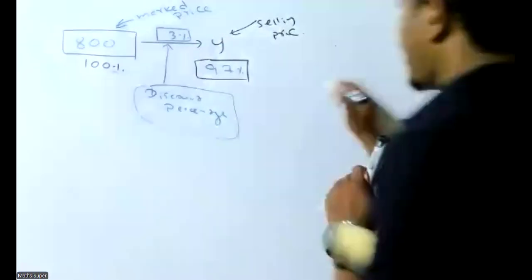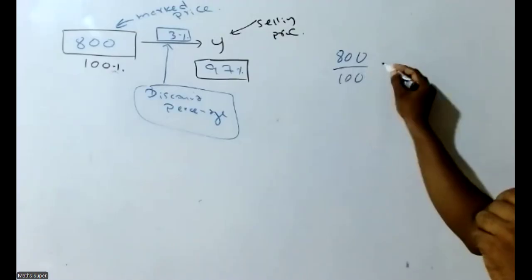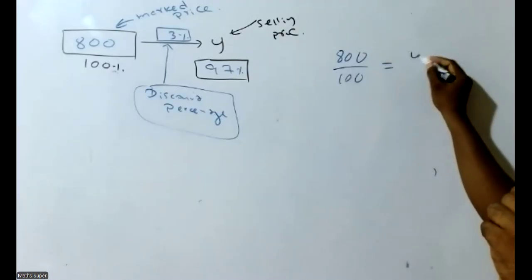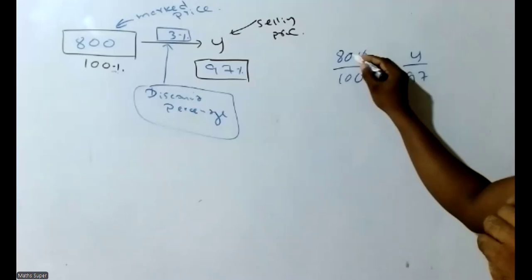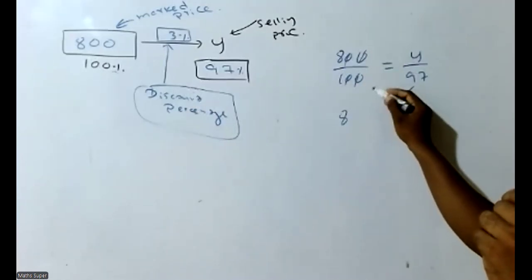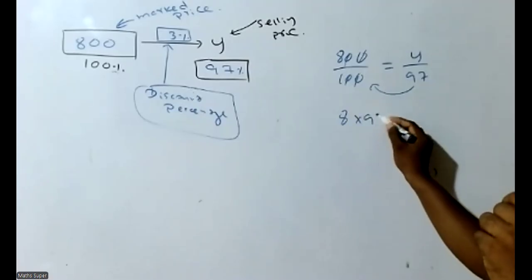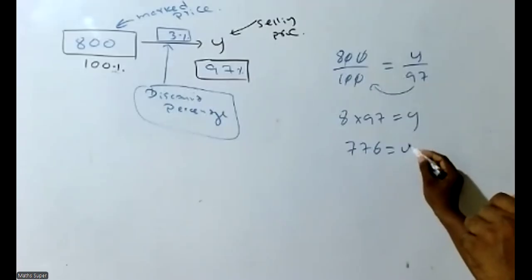Here, 800 divided by 100 equals y divided by 97. So what to do? You can simplify this. 8, you have to take this from here to this side, multiply by 97. Easy. 776. That's all.